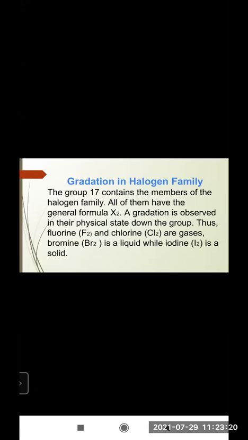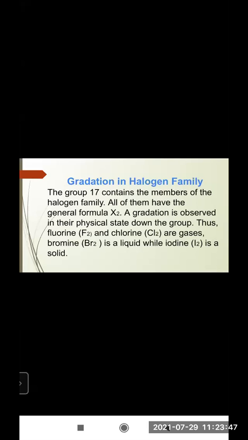Chlorine, Cl2, they are gases. Remember, fluorine F2 and chlorine Cl2, they are gases. Bromine Br2 is a liquid, while iodine I2 is a solid. So you should know this: out of the halogens, fluorine, chlorine, bromine, iodine, fluorine and chlorine, that is F2 and Cl2, are gases.